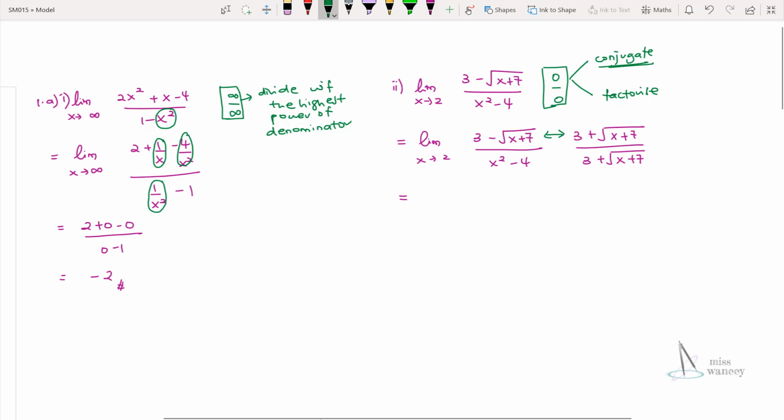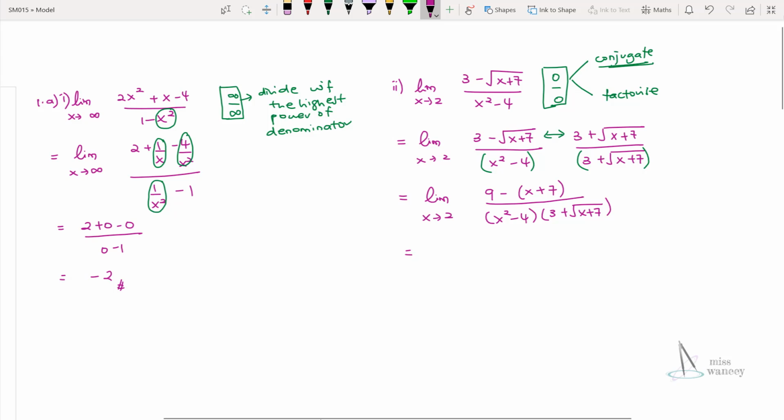But in the denominator, they are not conjugates, so I leave them inside a bracket. This gives 9 minus (x plus 7) over (x squared minus 4)(3 plus square root of x plus 7).